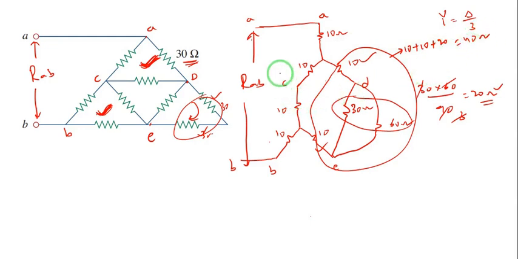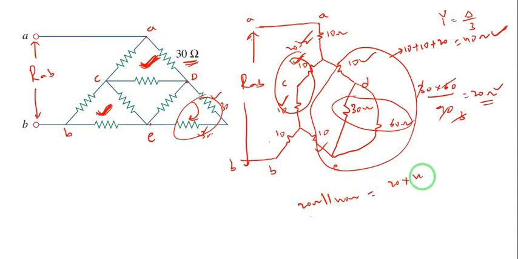This 40 ohms is in parallel with this 10 ohms and 10 ohms in series, whose resultant is 20 ohms. So 20 ohms and 40 ohms are in parallel: 20 into 40 by 60, that is 40 by 3.